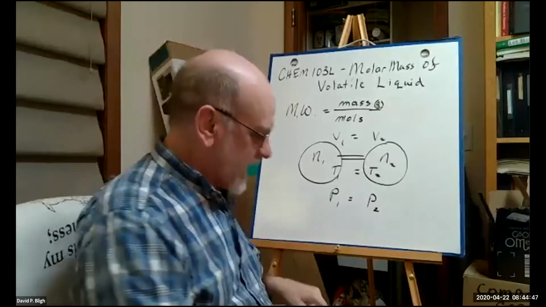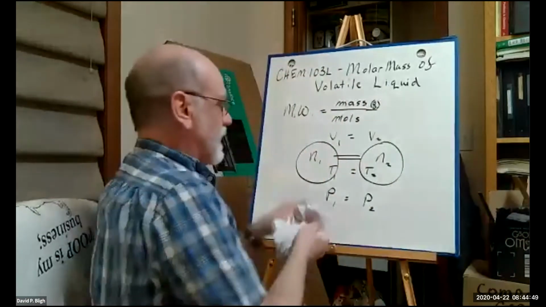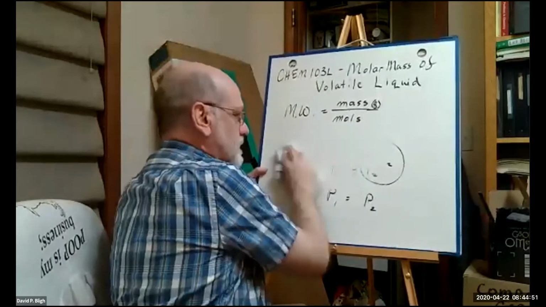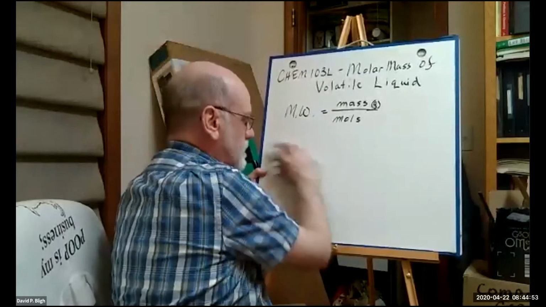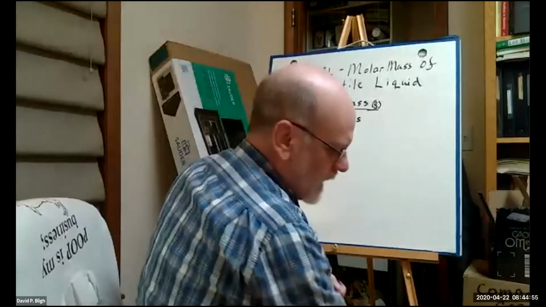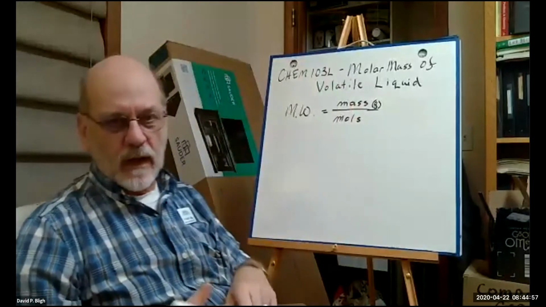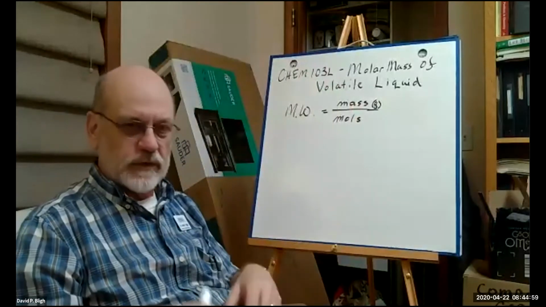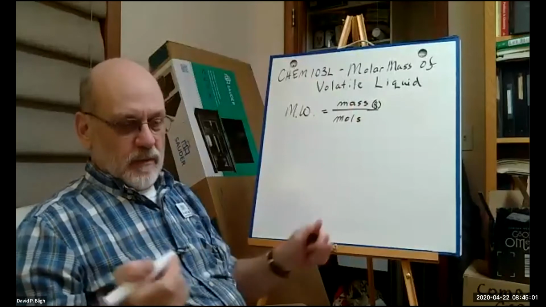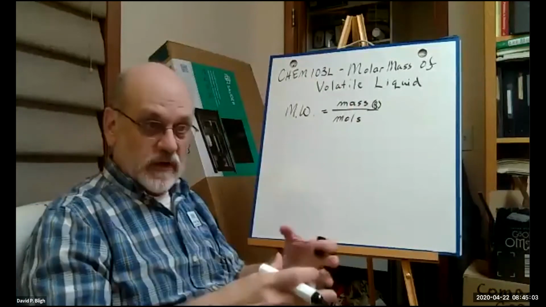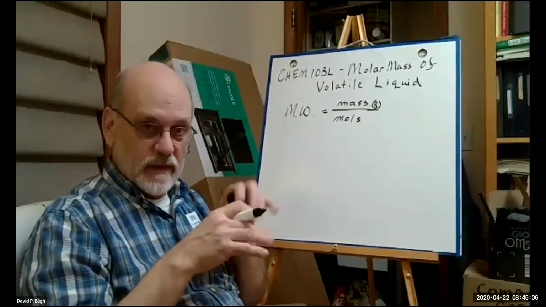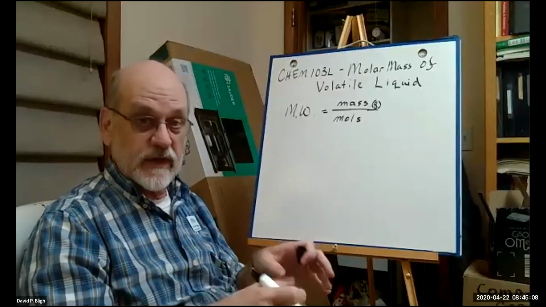But what came out of all of this was Avogadro's law. And I won't go into that either because we do that in lecture. But I will say, eventually, we came up with the ideal gas equation.